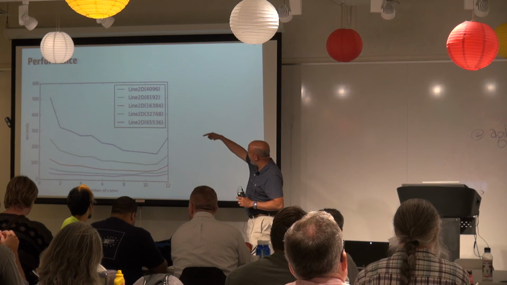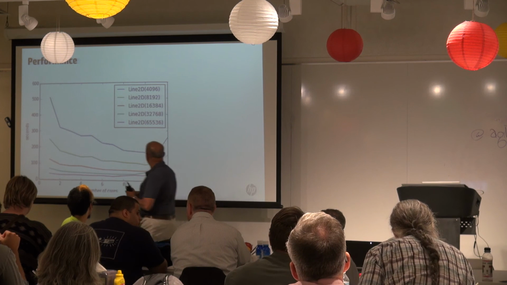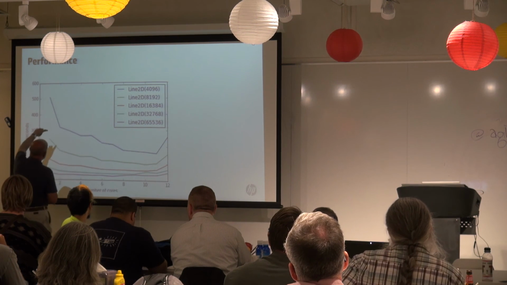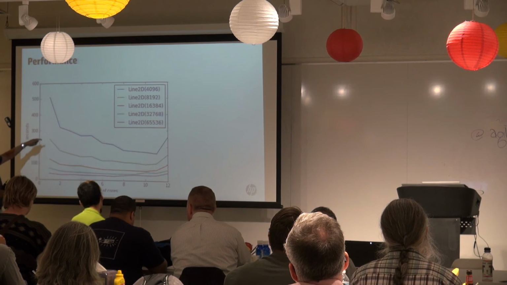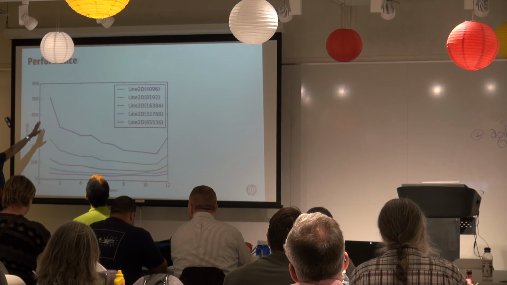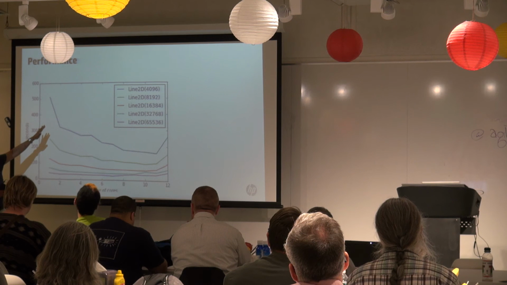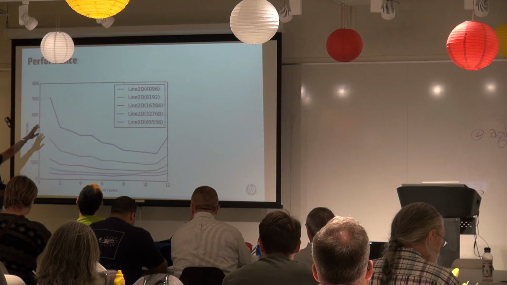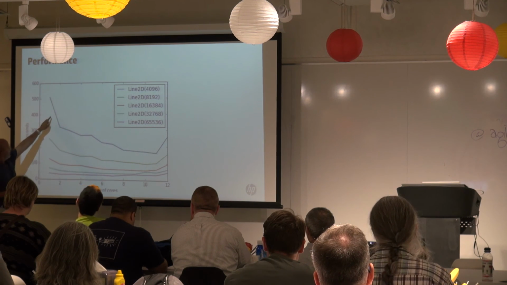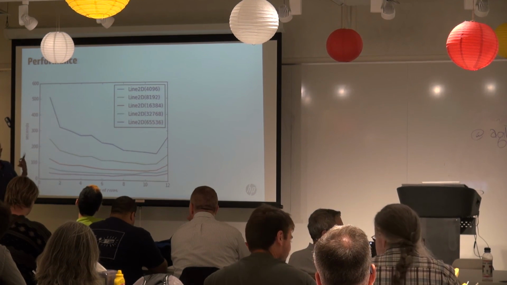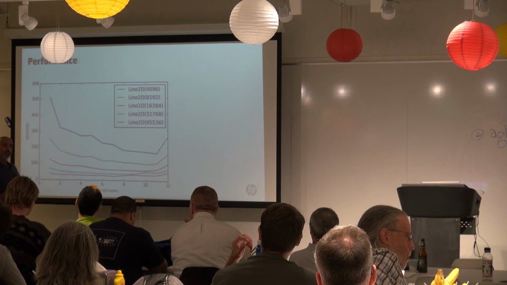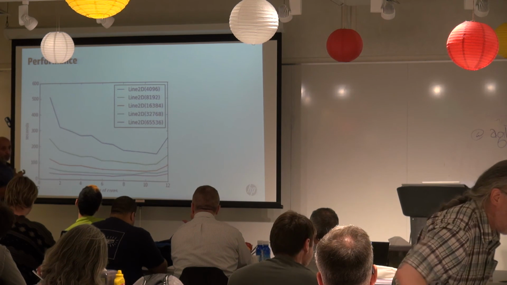And if you see, these lines correspond to different block sizes I chose. So things are reasonably understandable if you stare at it a little bit. The top one corresponds to the case where we chose a very small block size.